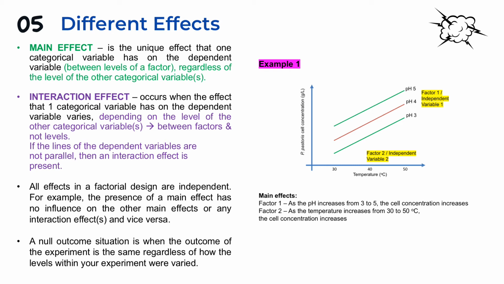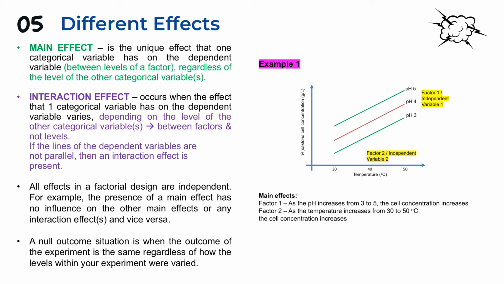You can see that for all the pH values, the trend is increasing. So we can say that as the pH increases from 3 to 5, the cell concentration of P. pasteurii also increases. For the second factor, that is temperature, you can also see that as the temperature increases from 30 to 50 degrees Celsius, the cell concentration of P. pasteurii also increases. So that explains the main effects of the two factors in this example.